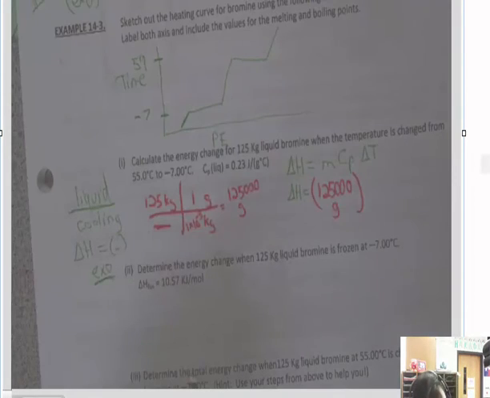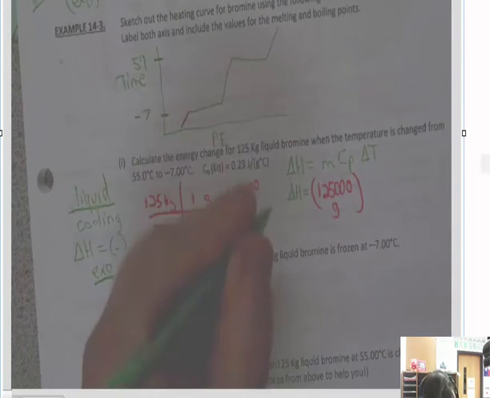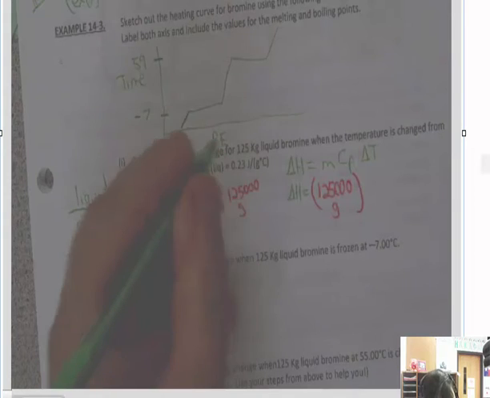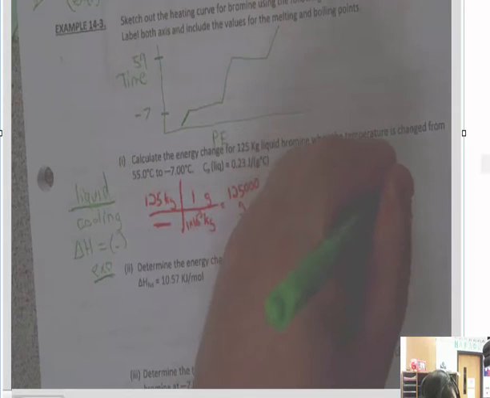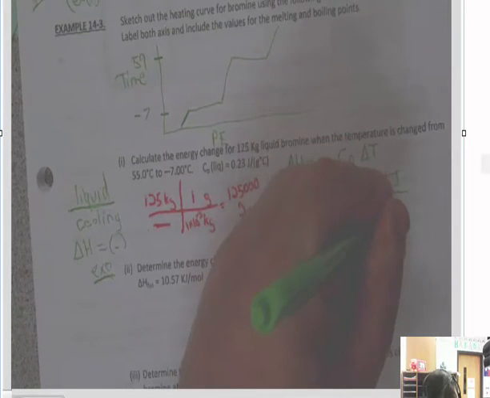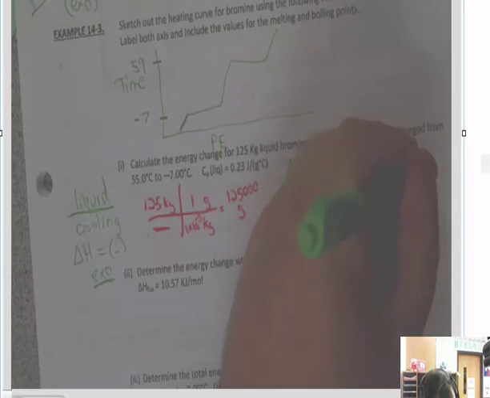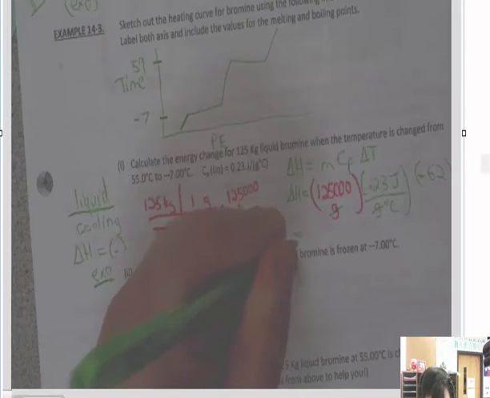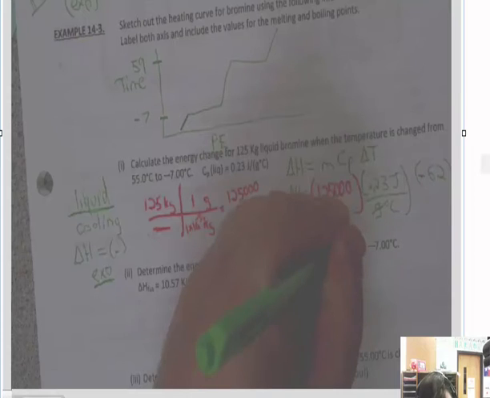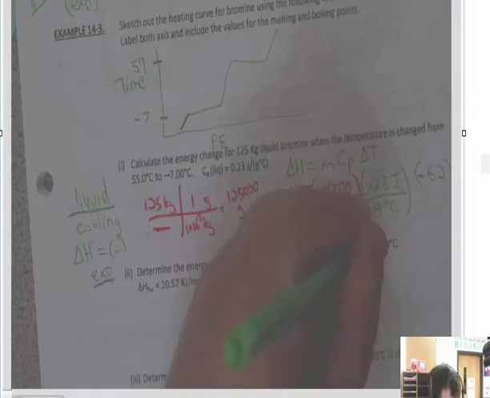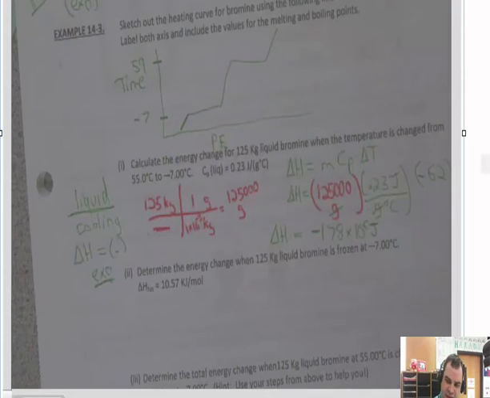What's the Cp here? 2.3 joules per gram per degree Celsius. So the grams are going to cancel. And then -7 minus a -55 is -62. And I'm going to get a delta H of -1.78 times 10 to the 6th joules.